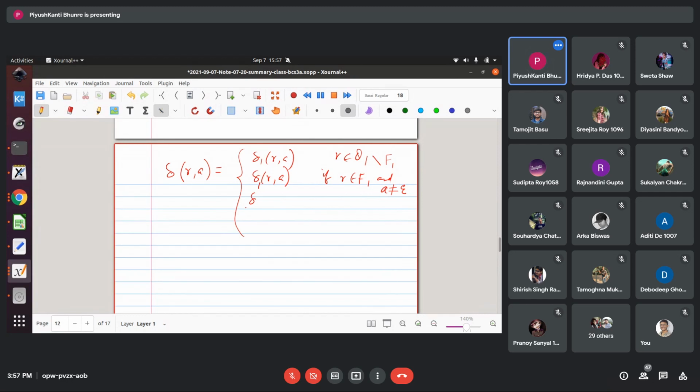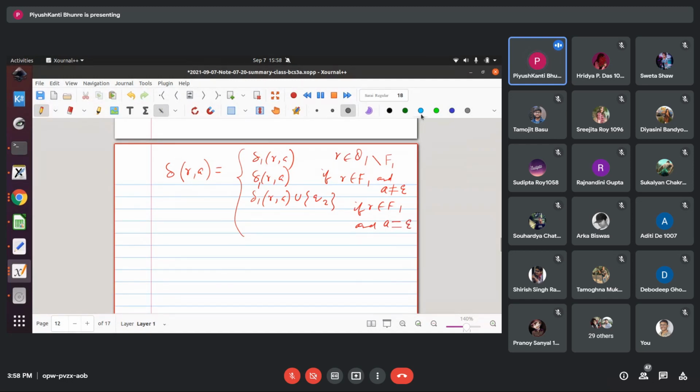Now, what will happen if A equal to epsilon? Then we'll keep delta 1 RA union Q2. So if R belongs to F1 and A equal to epsilon, we are allowing epsilon moves.